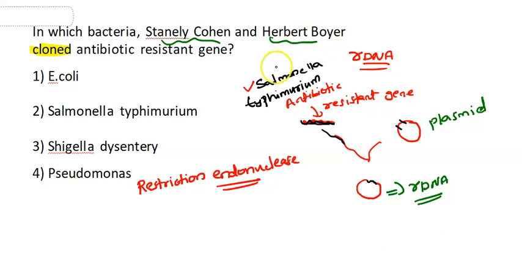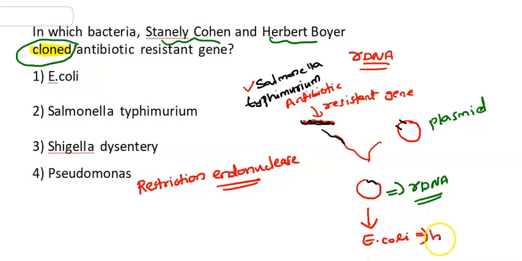Then coming to our question. They asked, in which bacteria did Stanley Cohen and Herbert Boyer clone? Where did cloning happen? That is the question. So this rDNA will be transferred into E. coli bacteria.